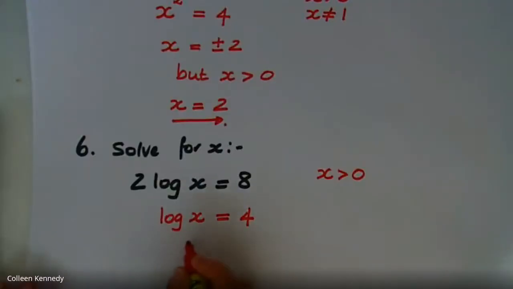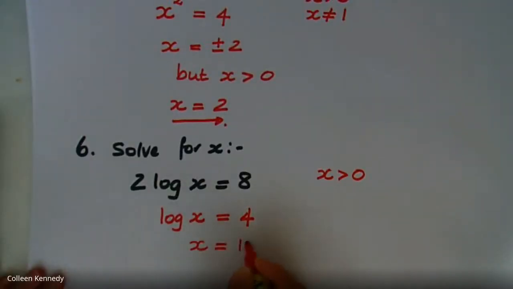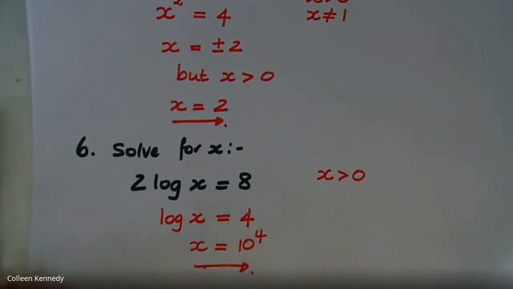All right, so x equals base to the exponent. x equals 10,000, and it satisfies the restriction. So luckily for core maths, the actual level of these is quite simple without any log laws. They will get more interesting in AP, that I can guarantee.